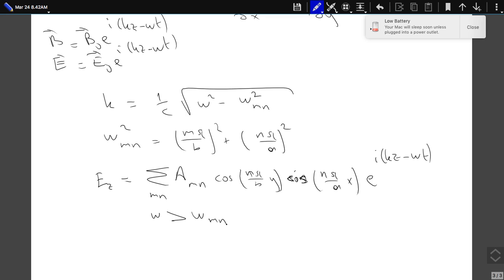Furthermore, there is a smallest possible value of omega_mn. m and n can each be 0, but they cannot both be 0 at the same time. So there is a minimum frequency that you can transfer using your waveguide. If you are sending a wave with a lower frequency, it will not be able to go through.